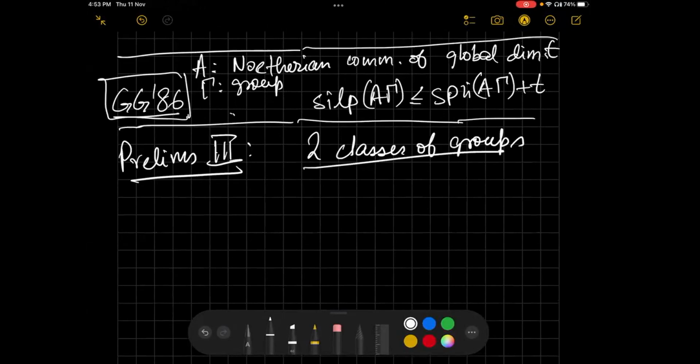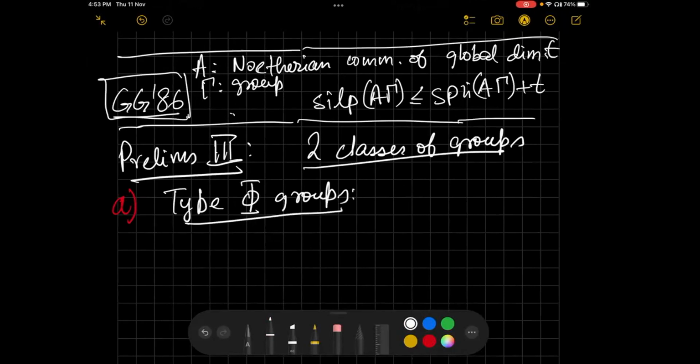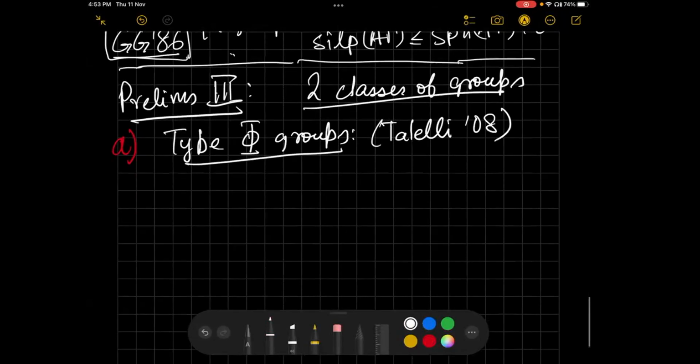Let's denote the first class by, okay, let's say A. So this class is type phi groups. If there are any Greek mathematicians in the chat, this was defined by Olympia Talelli in 2008 over Z. And the definition goes like this.